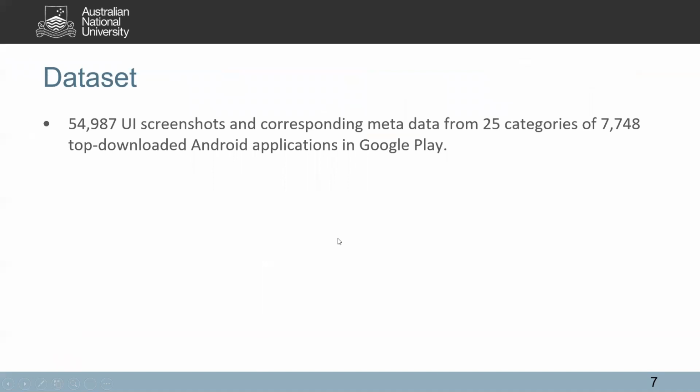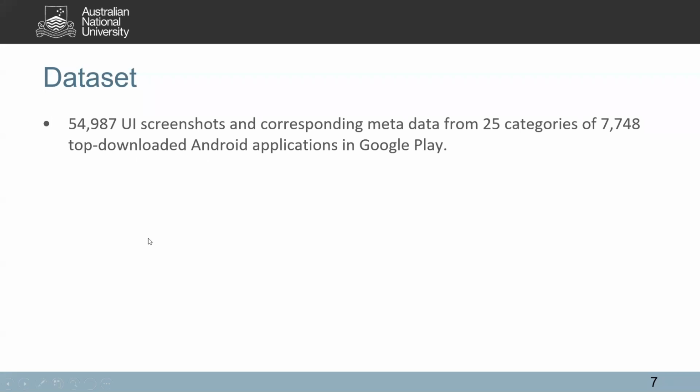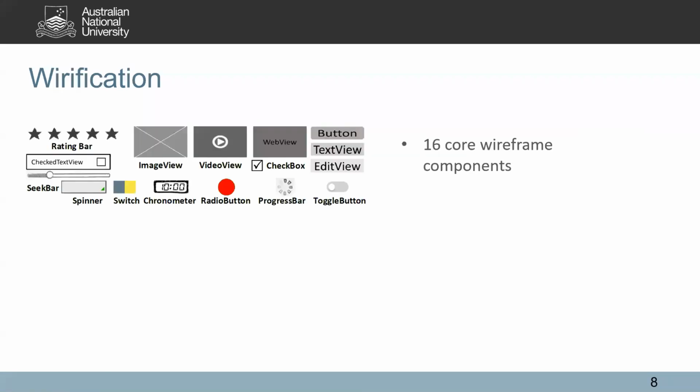And here are some details. We crawled over 54,000 UI screenshots and corresponding metadata from 25 categories of over 7,000 top downloaded Android applications in Google Play.